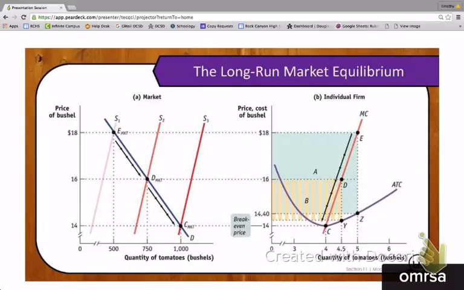And it is no longer making any economic profit. It is making a normal profit because it's at the break-even price. And that is where entry into the industry will stop, at a price of $14, making normal profits.